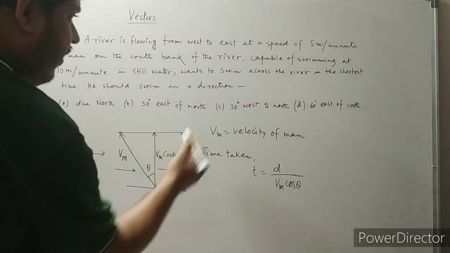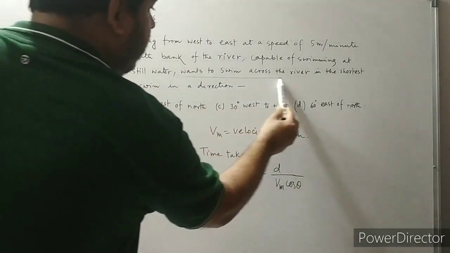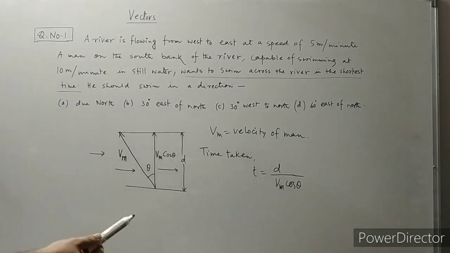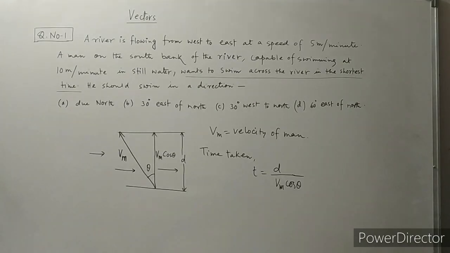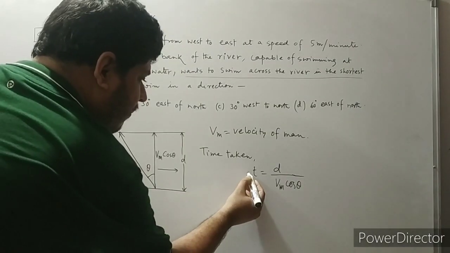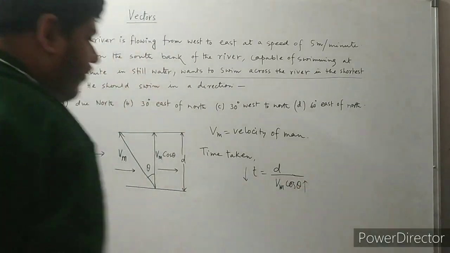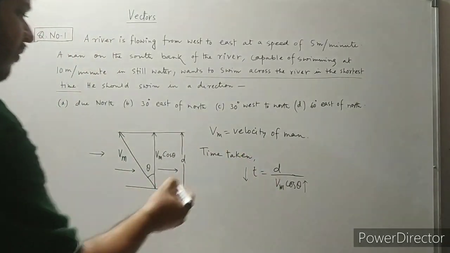Now in the question it is given that the man wants to swim across the river in the shortest time, meaning you should calculate the minimum value of time. So when time is minimum, the denominator must be maximum. Fine. So Vm cos theta should be maximum so that time is minimum.